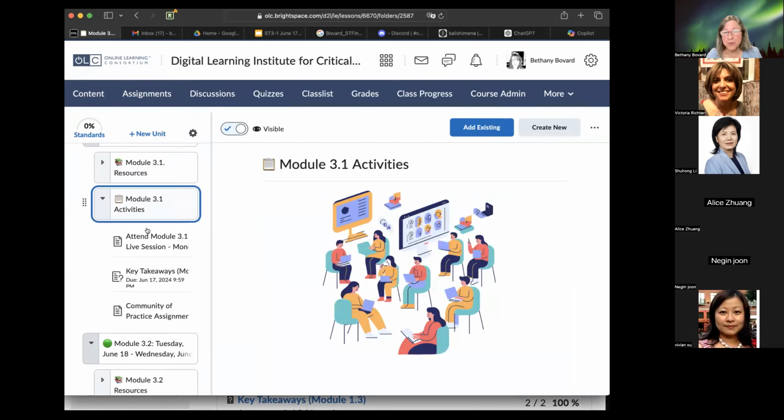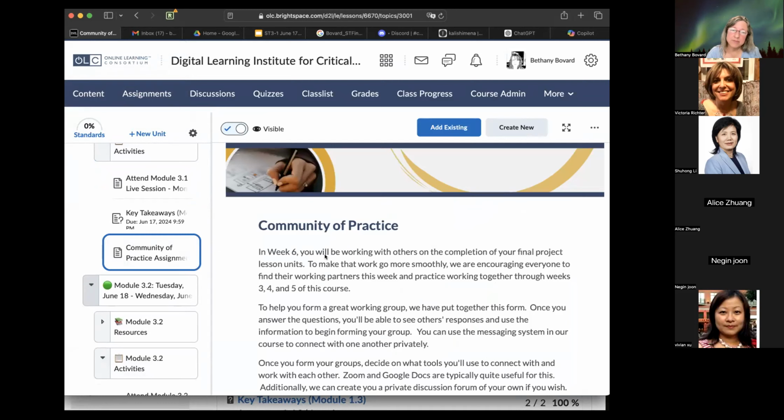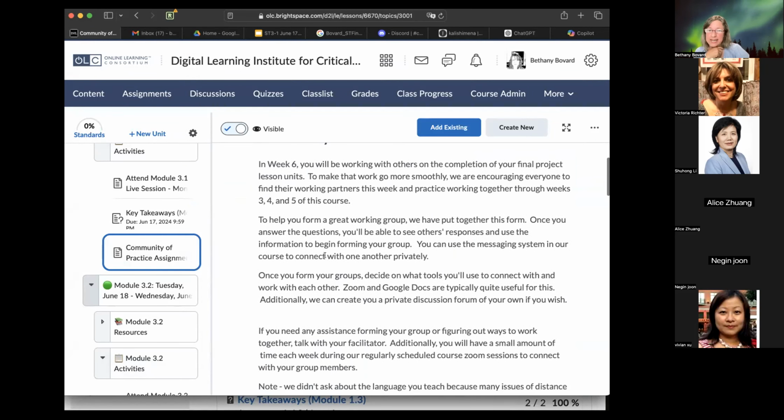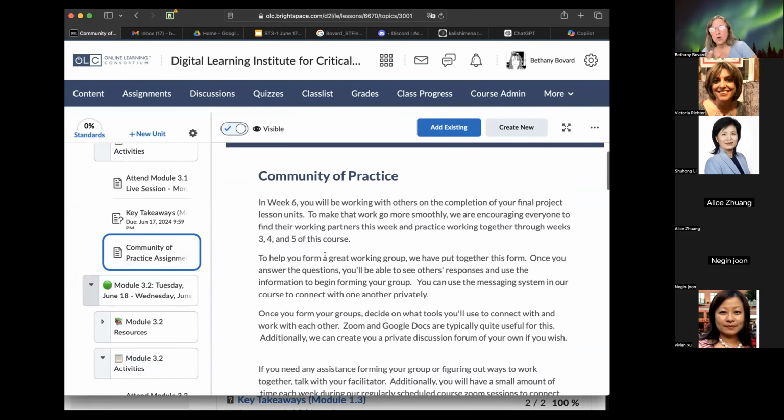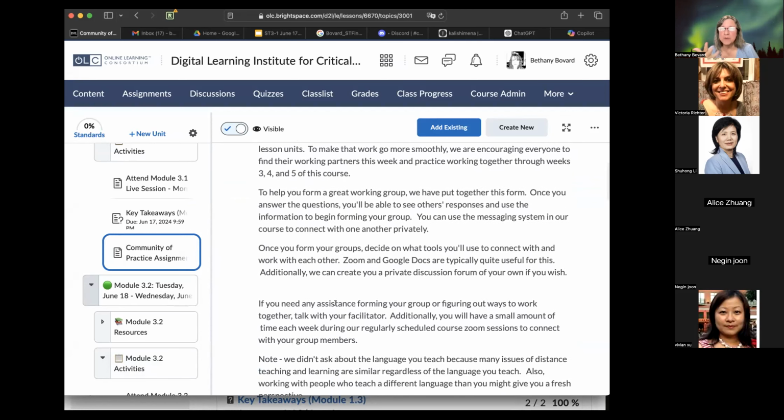In the module 3.1 activities, there is a survey. Please fill that out today. It's very simple. We want you to continue working together with 1 or 2 other people, or even 3 other people. But this survey will help you figure out who will be a great fit to include in your working group.